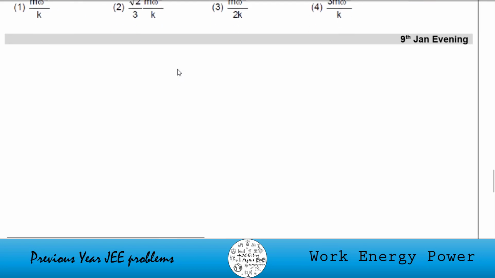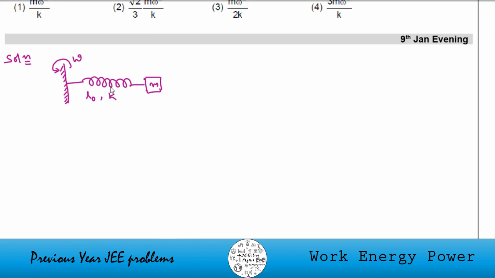So solution: let us assume that a spring is attached to a disc. This is the disc, and this disc is rotating with an angular velocity omega. Let L naught be the unstretched length of the spring, K the spring constant.